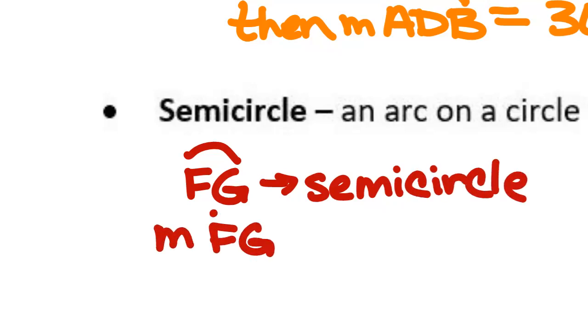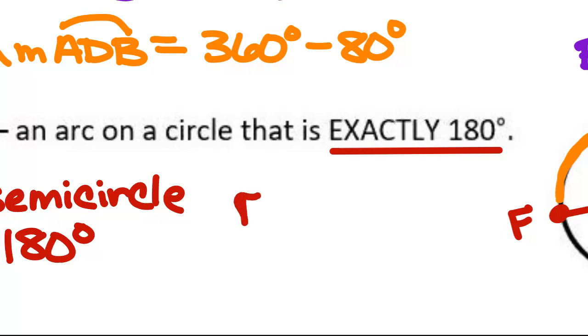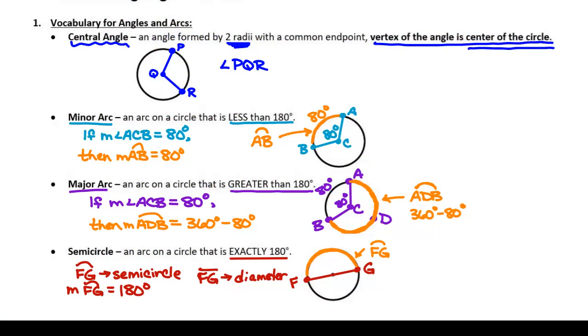Measurement of arc FG is 180, and segment FG is a diameter. So arc FG is a semicircle. That means it measures 180 degrees. And the segment that would be my central angle there is a diameter.